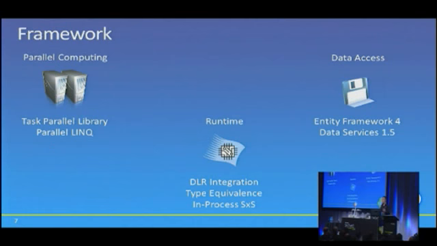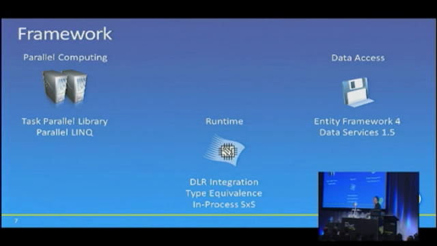In terms of core framework features available to you, we've got the Task Parallel Library and Parallel LINQ, which, if anybody missed Ivan's talk yesterday and wants to know more, I would suggest you download the video for that and have a look. At the runtime level, we've got integration with the Dynamic Language Runtime instead of just the CLR. We've got the DLR.